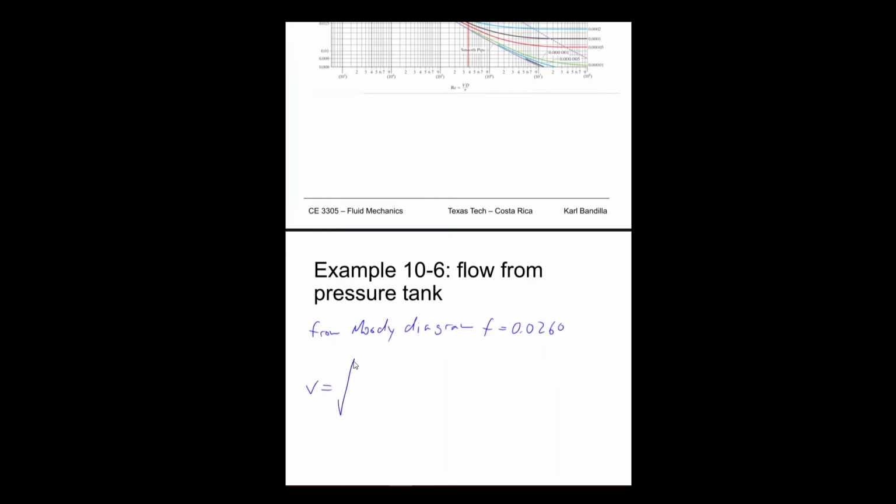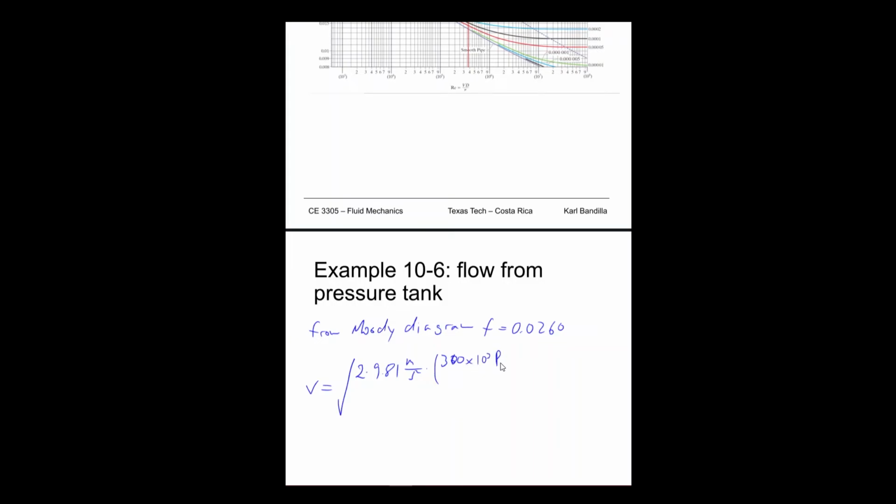Now, at this point, I hope it's obvious that this is something you would want to do in a spreadsheet, because then you can just plug new numbers in and not have to recalculate everything, because only one number is changing. Only f is changing, so it's a good idea to do this in a spreadsheet.